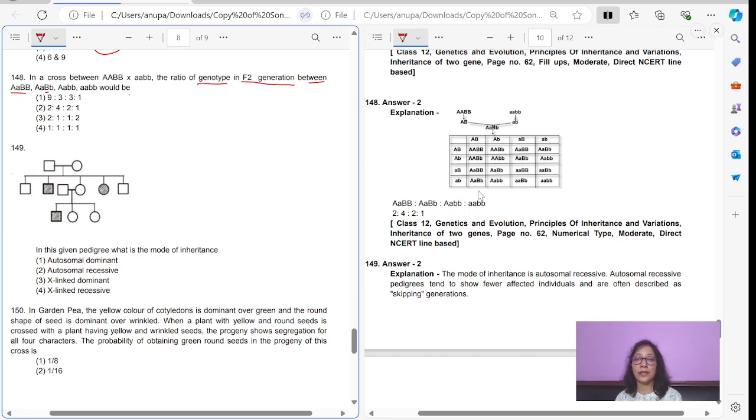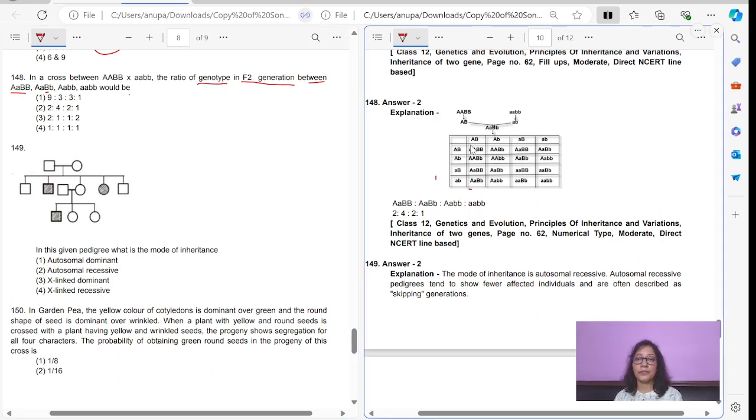This could be explained by this Punnett square. When we make a cross between these, we find a ratio of 2 is to 4 is to 2 is to 1. Here you can find AA, 1 AABB and 2.